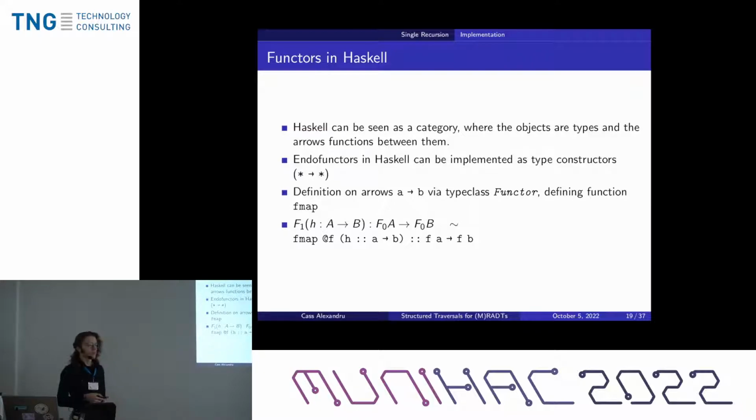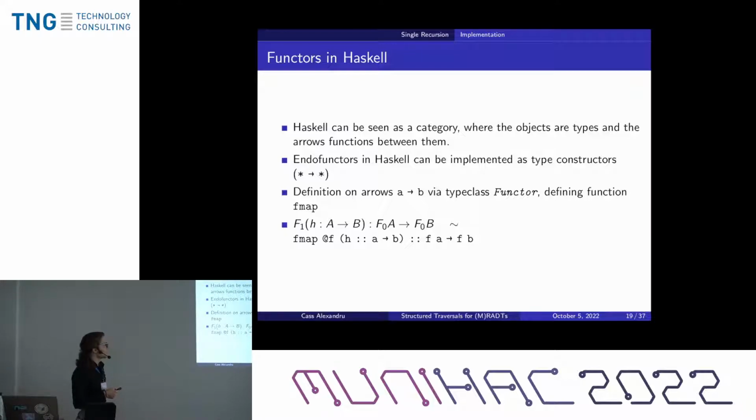Okay, so Haskell can be seen as a category, where the objects are types and the arrows are the functions between types. So you can see functions in Haskell as type transformers, if you will. Endofunctors in Haskell are type constructors of kind star to star. And we use the type class Functor to define what the functor for some type constructor should do on arrows.